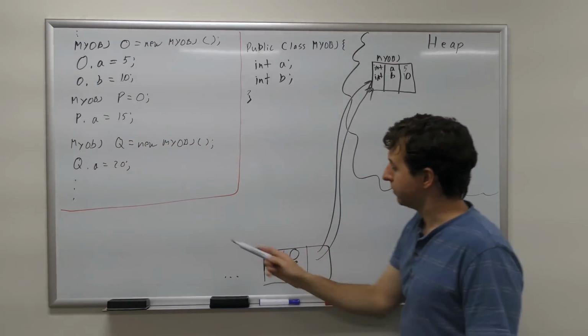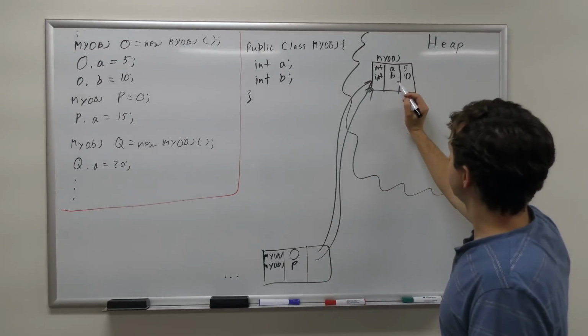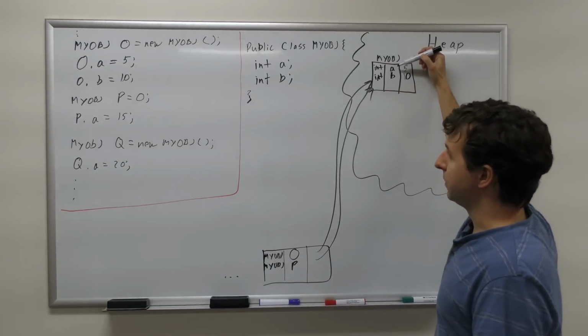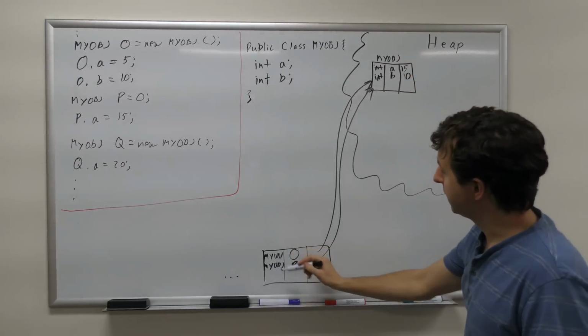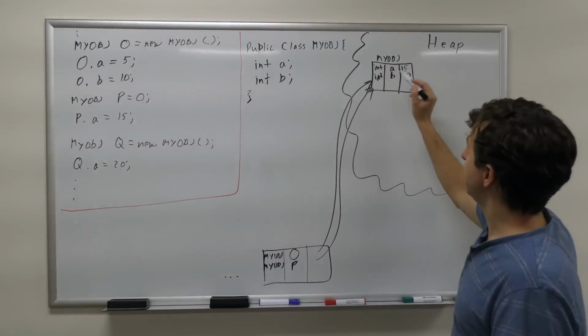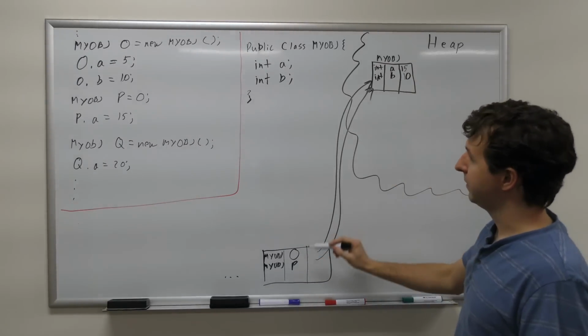p.a equals 15. Well, go into p, go into this object, go into a, and set it to 15. Because these two references are pointing to the same object, they both see the variable a as being 15.